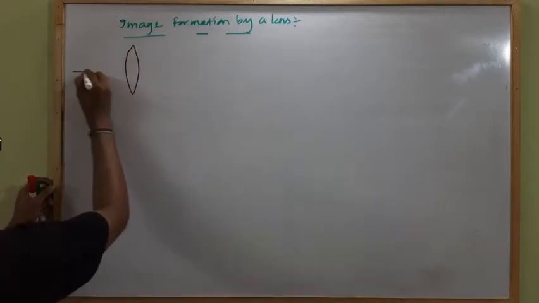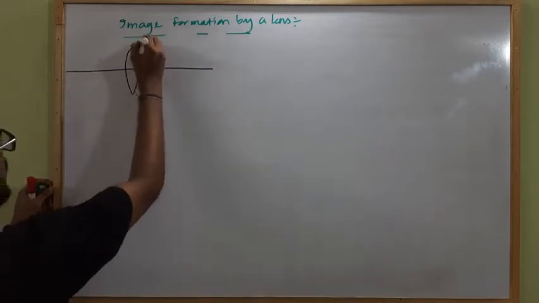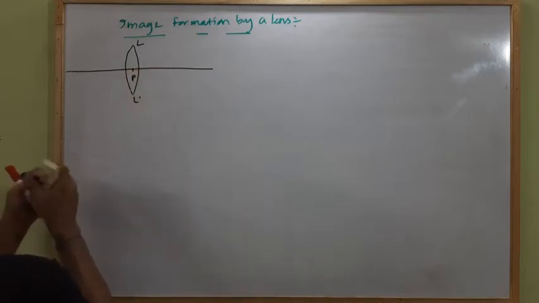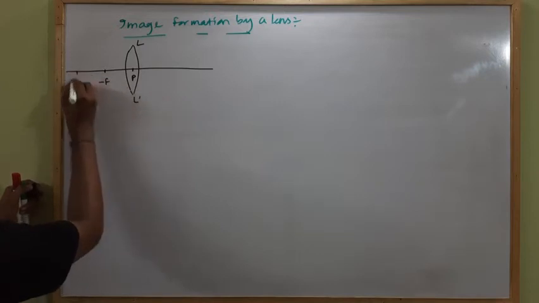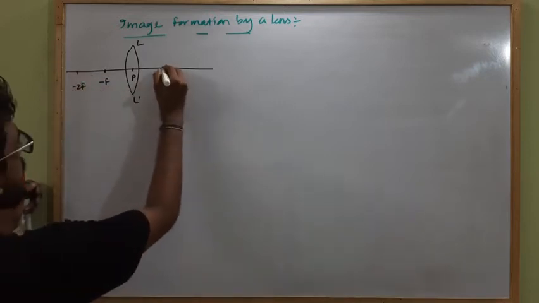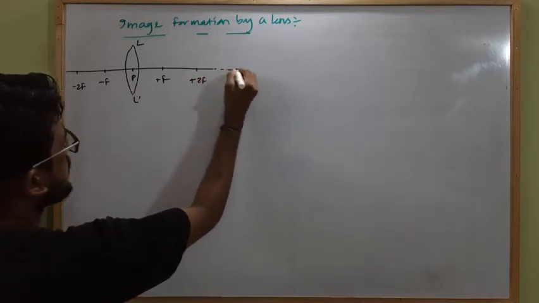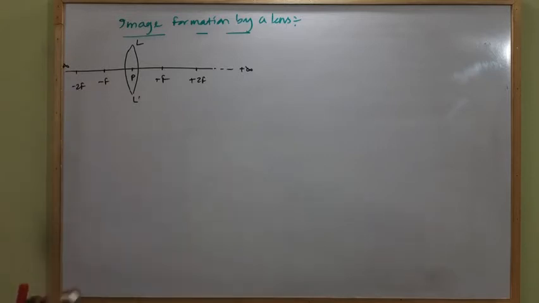Okay, this is the principal axis. At L dash, this is the pole of the lens. So it has different positions. Let it be minus f, minus 2f. This is the plus f. This is plus 2f, and it is extended up to plus infinite, and this is extended up to minus infinite.